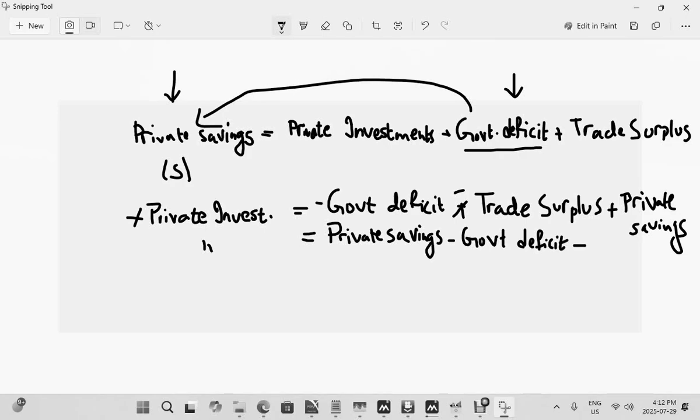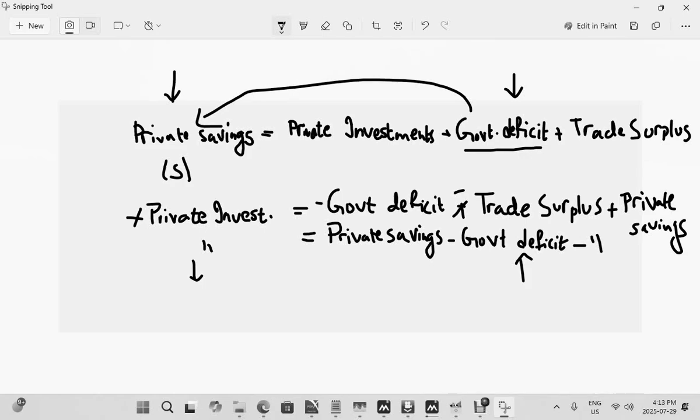As government deficit goes up, your private investment or capital expenditure goes down. The reason is that when the government is in a budget deficit, it will borrow more money from the sources that we've talked about in the past.